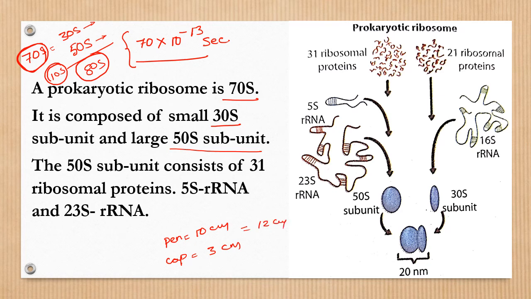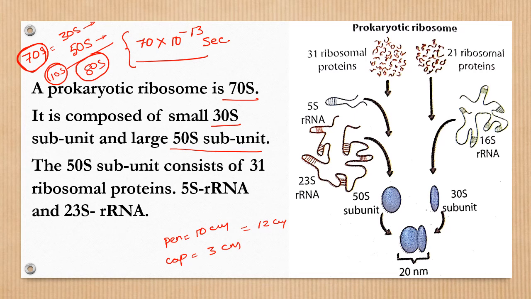Why? Because when you put the cap onto the pen, some part of the pen is inserted into the cap. So when both are united, some part of the ribosome subunits overlaps inside.